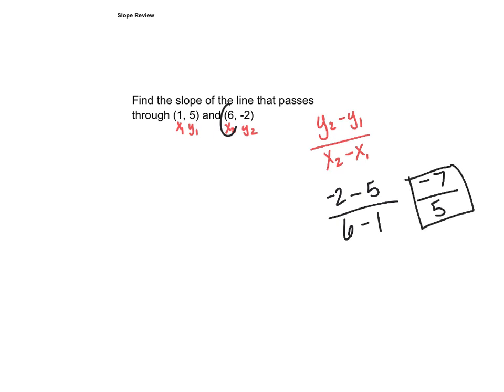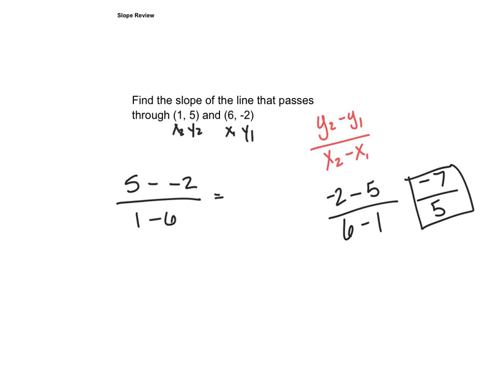Now let's say, just for comparison's sake, that I switched around my x1, y1, x2, y2. Let me swap my ordered pair. I just want to show you that it doesn't matter which ordered pair you label as x2, y2, and x1, y1. Using this, based on my formula, I would do 5 minus the negative 2 and 1 minus 6.